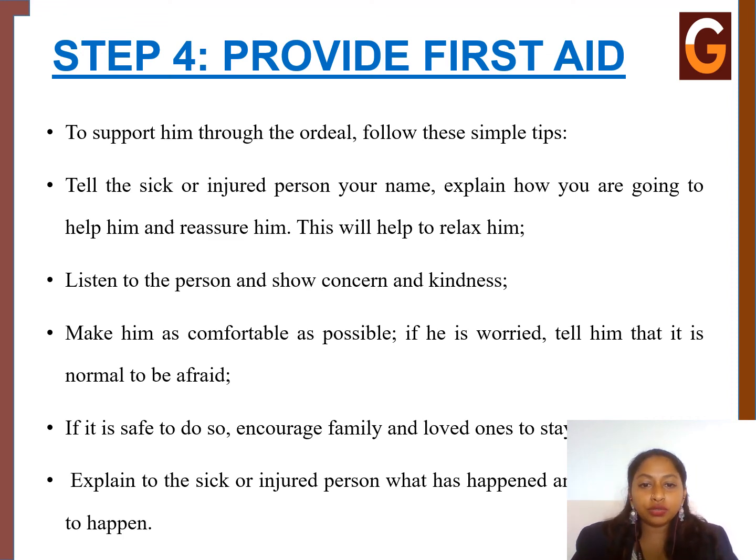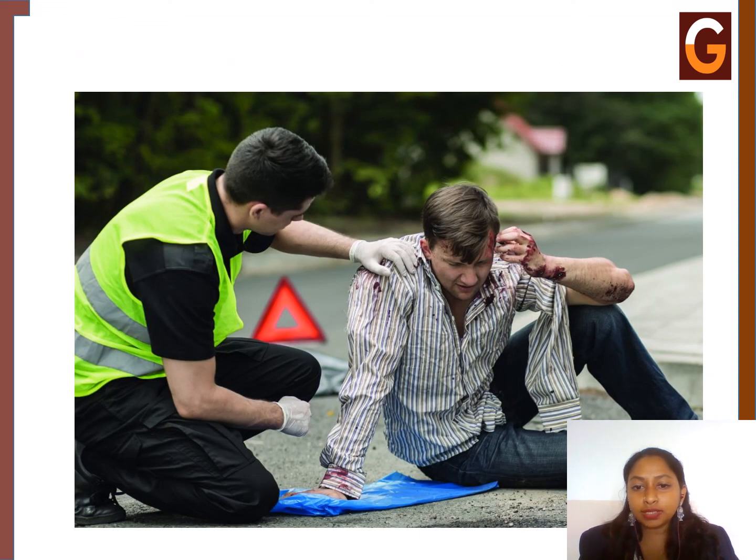So this was all, students. Being a first aider is a very important role because you can reduce a lot of the possibilities of worsening the condition when you are giving first aid. You are trying to reduce all the complications which can happen after hospitalization. So you are the first person.